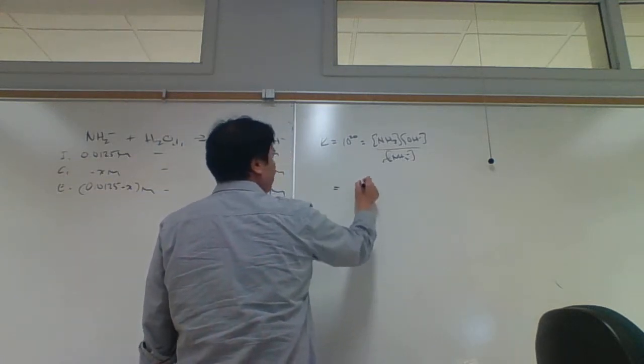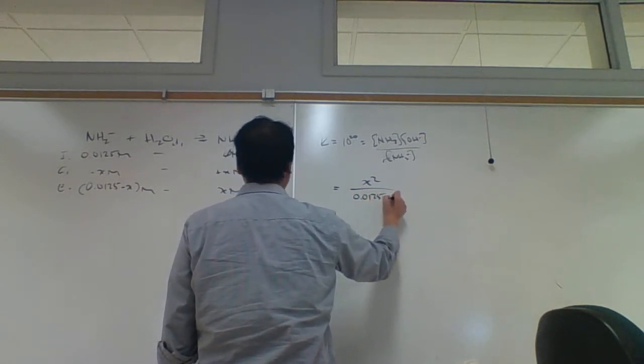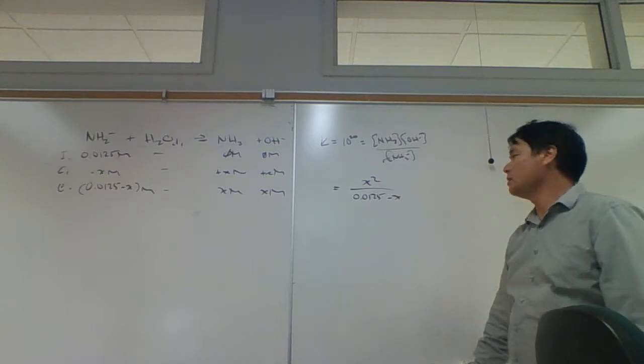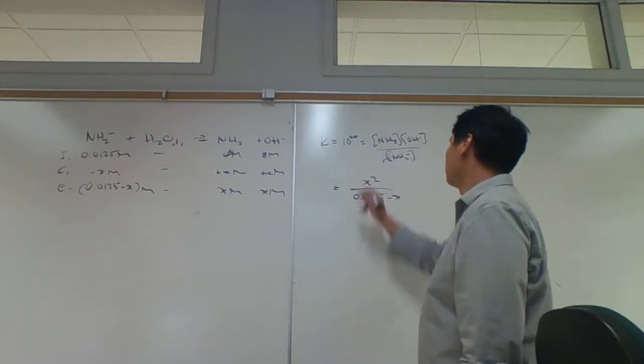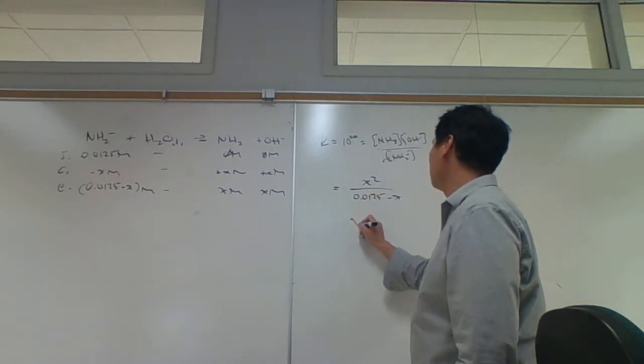All right, and then we'll do this. X squared over 0.0125 minus X. And this is just a quadratic, so quadratics are not difficult to solve. So let's go ahead and take a look at this one. I'm just going to get this into quadratic form.